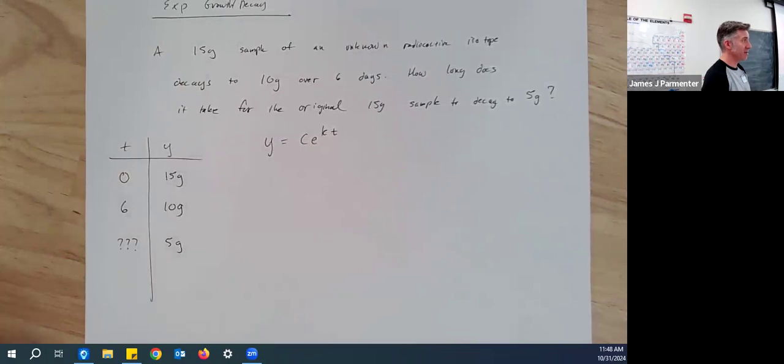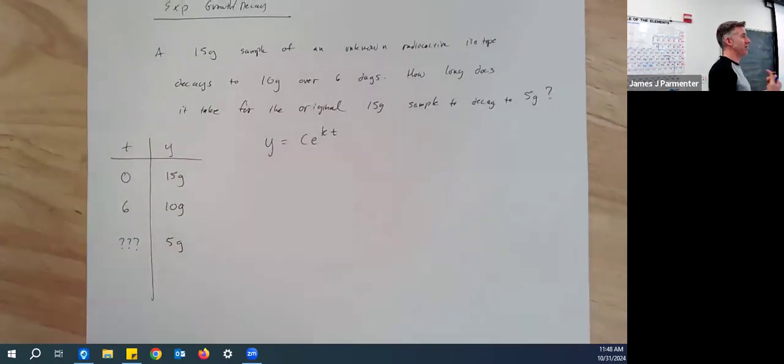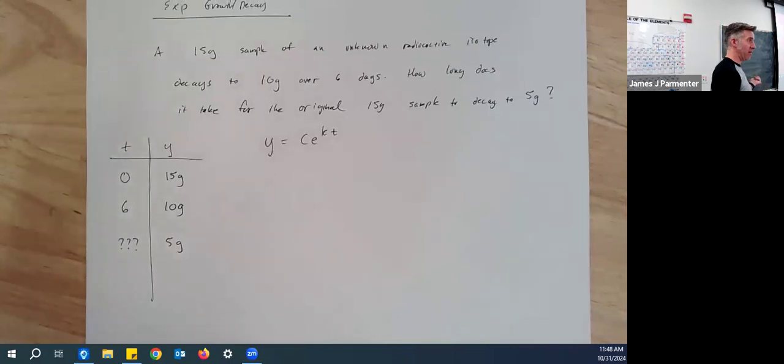And I'll point out that the answer is not 12 days. It's not a linear relationship. You can't say that every 6 days it decreases by 5 grams. You could say every 6 days it's going to have 2/3 as much as it had before. The multiplication factor is what's constant over a certain amount of time.